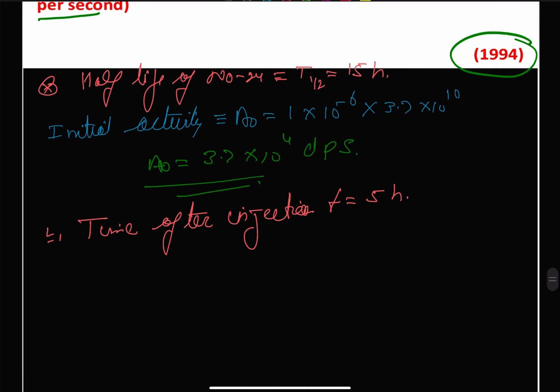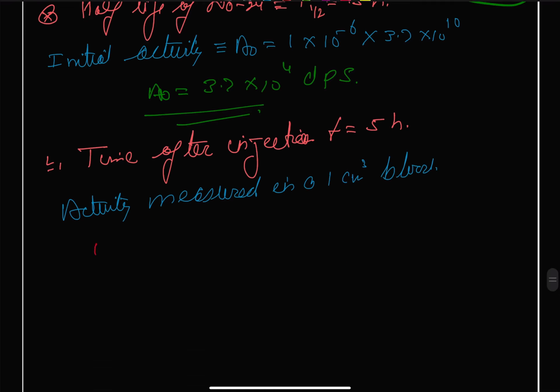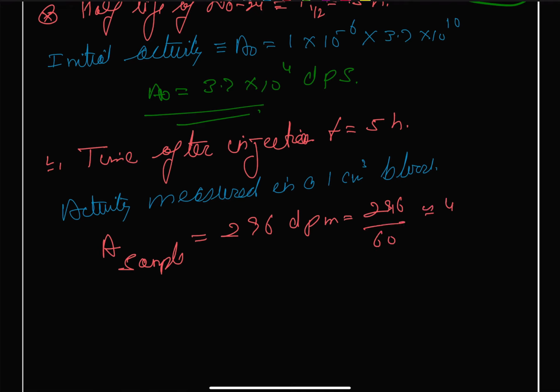So you can say the activity measured in 1 centimeter cube of blood, let us call this A sample, is given as 296 disintegrations per minute, and this comes as 296 divided by 60, which is approximately 4.93 disintegrations per second.